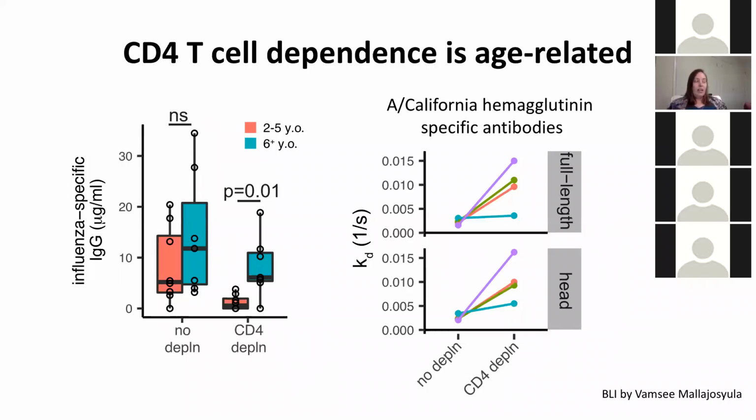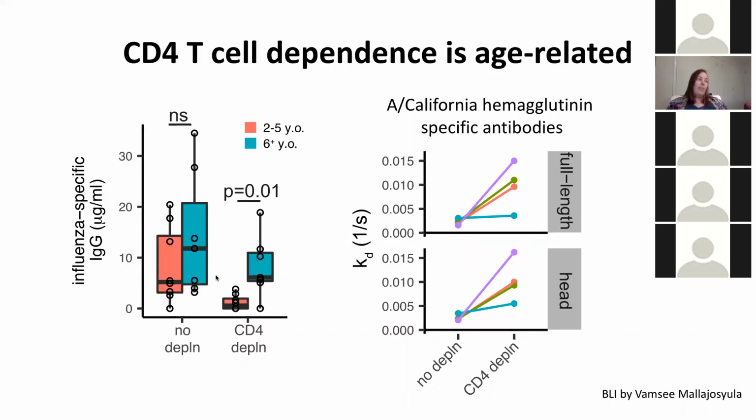So we looked at the clinical features of these patients, and of course an obvious example would be the age of the patient. You can imagine that that might have an effect on the ability of these cultures to respond. So for example, we know that very young children have quite poor T-independent responses. And also, children who are younger are less likely to have a pre-existing response to flu.